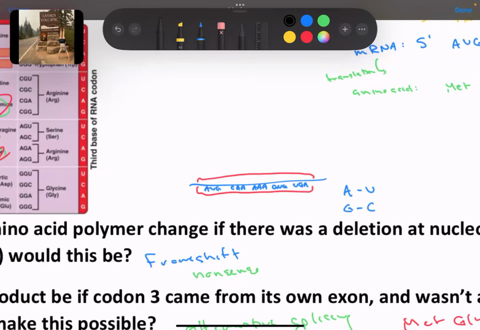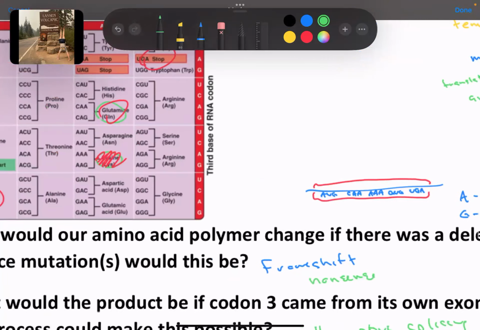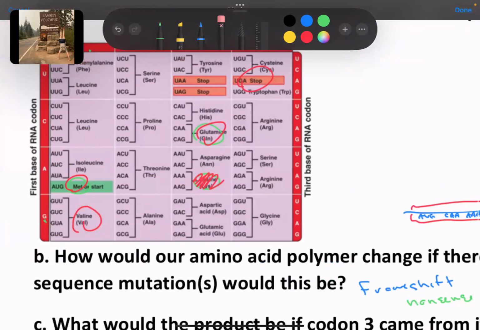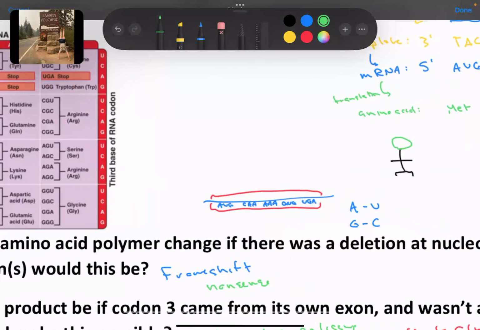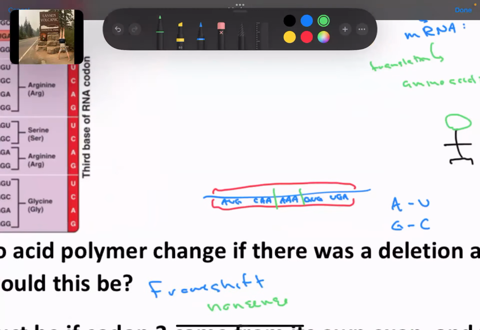And we know that our tRNAs have specific anticodons that associate with specific amino acids. For example, let's say that, I need to erase this so I can actually see. Okay, so let's say that this guy here is AAA.